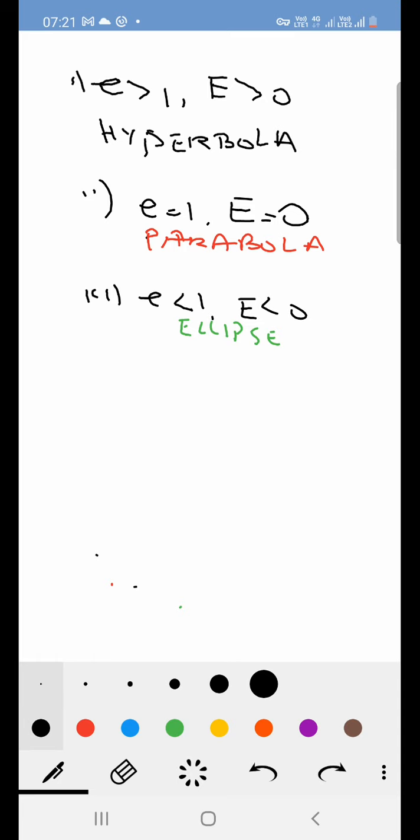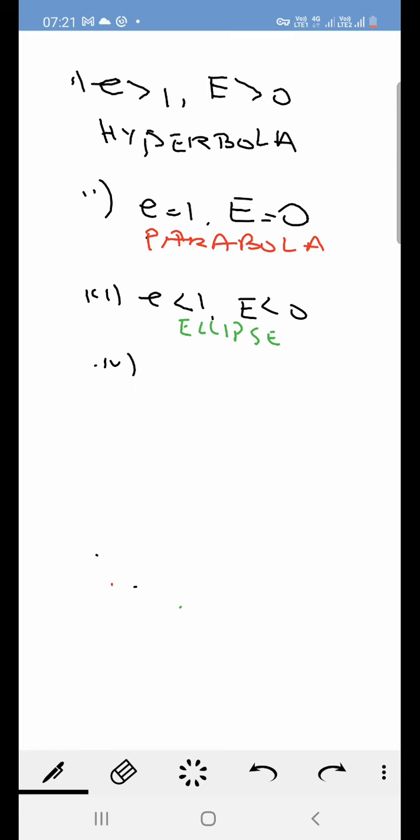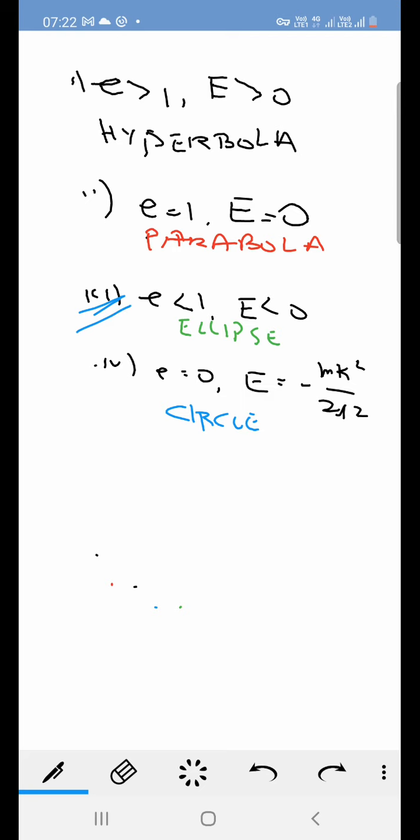And if e is equal to 0 and capital E is equal to minus mk square by 2L square, it means that the shape of the orbit will be a circle. So we can say that only when this condition is satisfied will the shape of the orbit be elliptical, otherwise we will have different types of orbits.